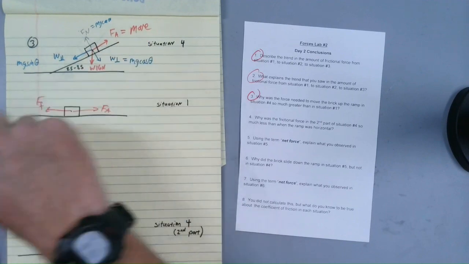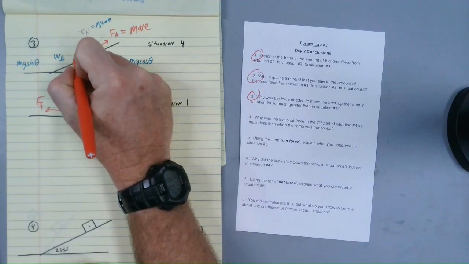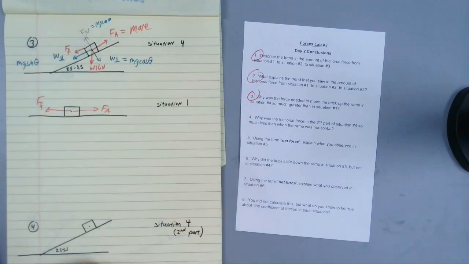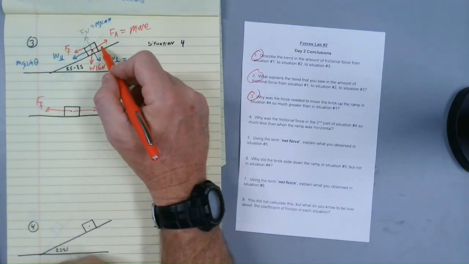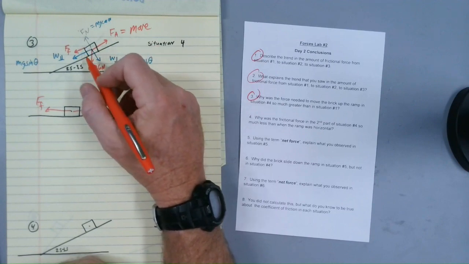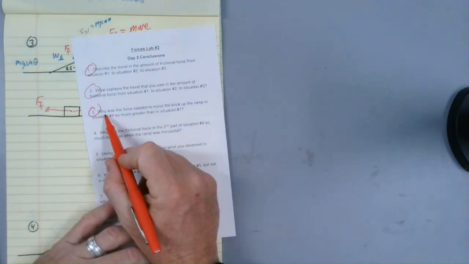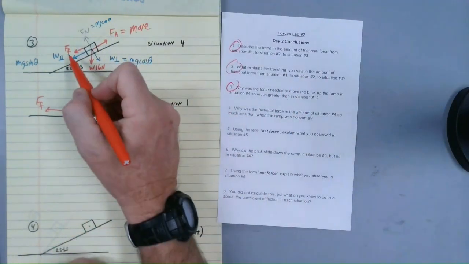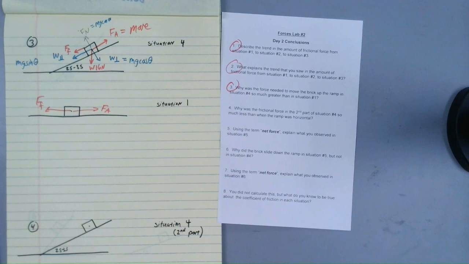If you're pulling this way, we still have a frictional force that works against you. But there's also that parallel weight working against you. So now, in order to get the block moving, you have to overcome two forces as opposed to just the force of friction. And that's why the force needed to pull up the ramp is so much more, because you now have to overcome not just friction, but also the parallel weight.